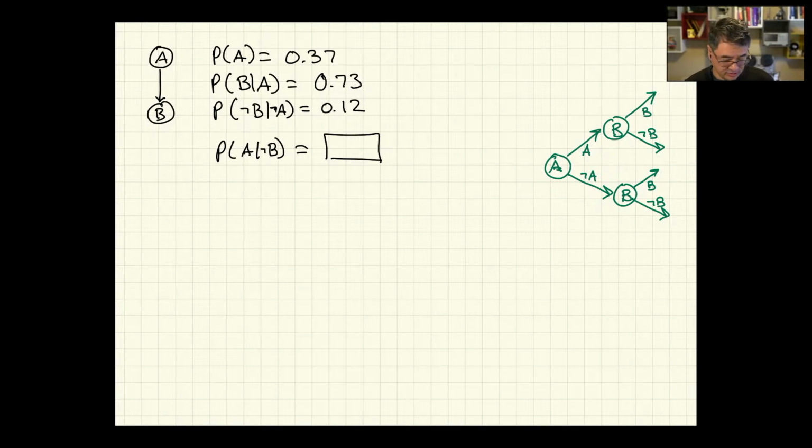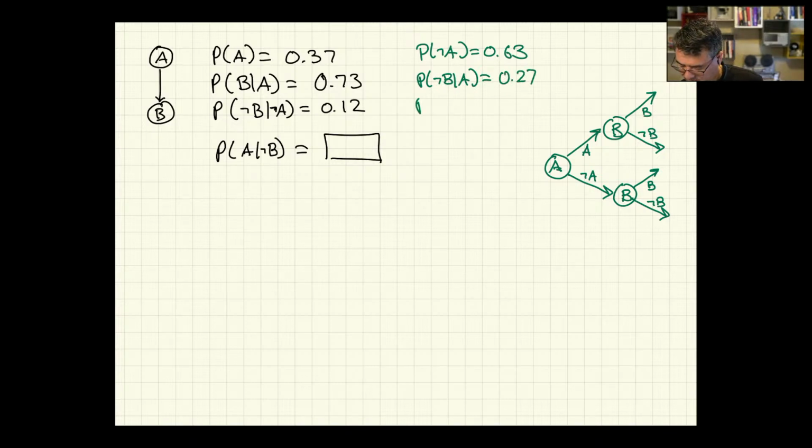Okay, the other three numbers are the probability of not A is 0.63. The probability of not B given A is 0.27. And the probability of B given not A is 0.88.